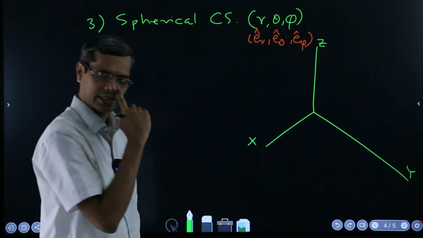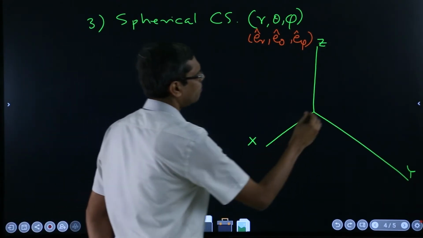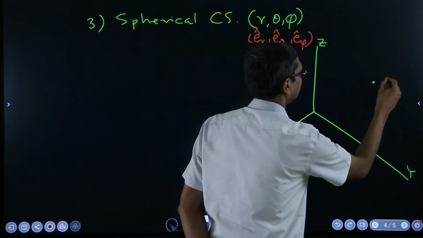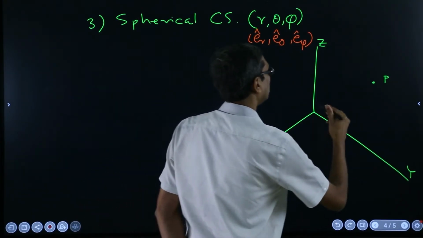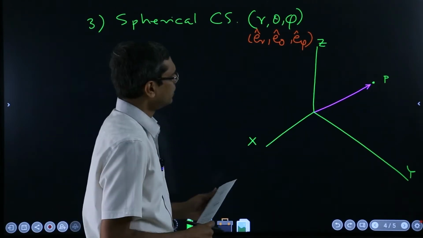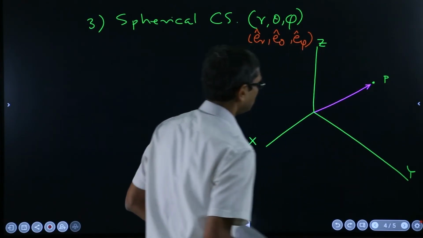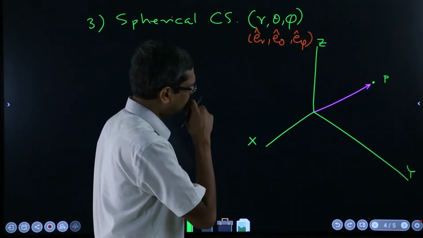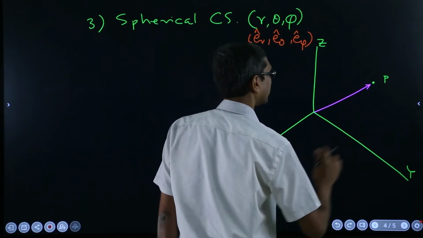So some x, y, z, and then suppose there is a point P here, then we will define the unit vectors.